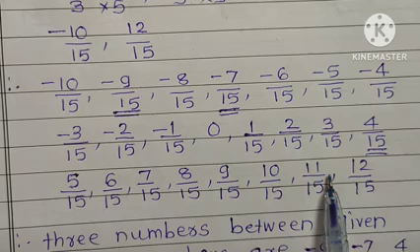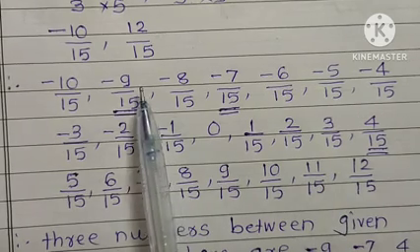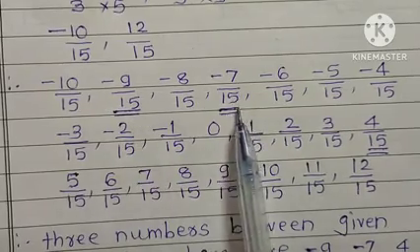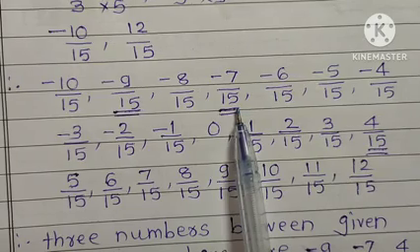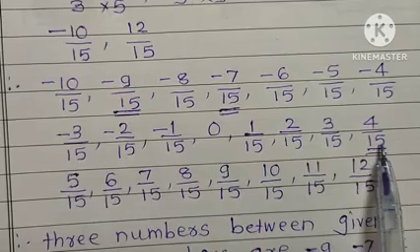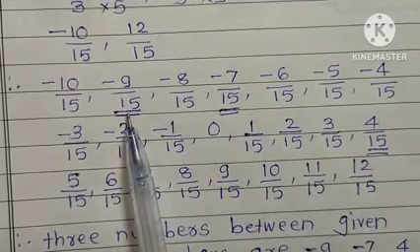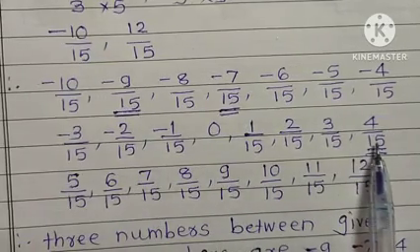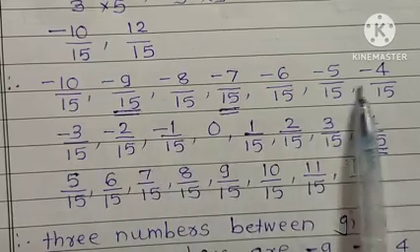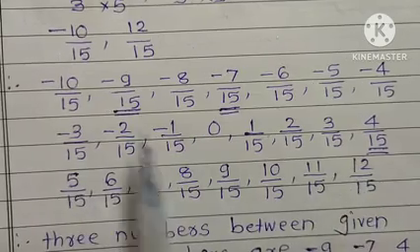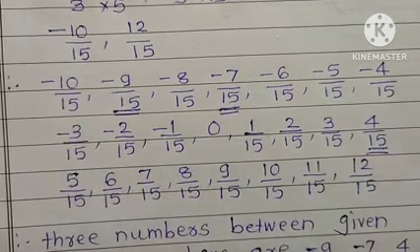According to the textbook, the answer given is minus 9 by 15, minus 7 by 15 and 4 by 15. So this is not a rule that you write only these numbers. You can write any 3 numbers between these two. Okay, please note.